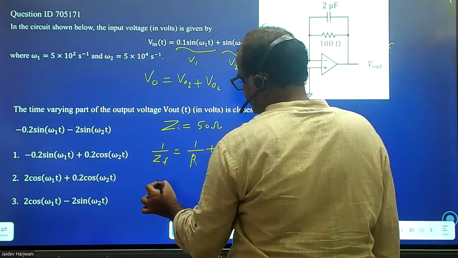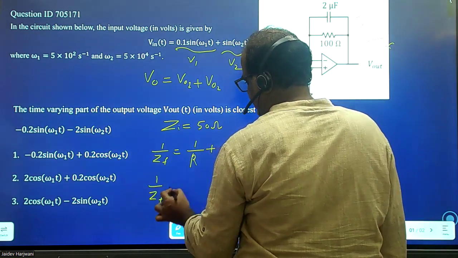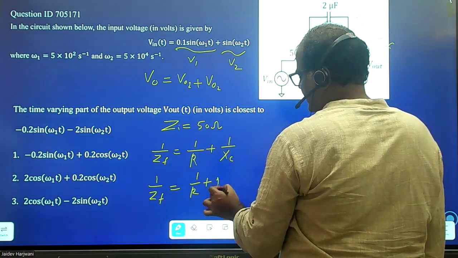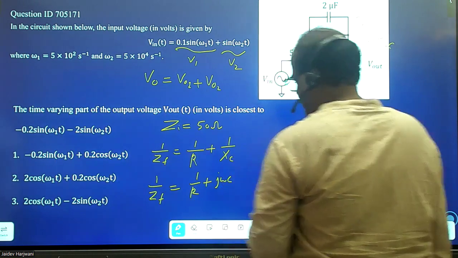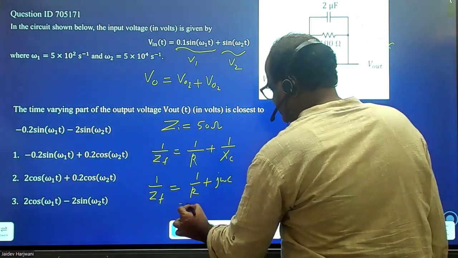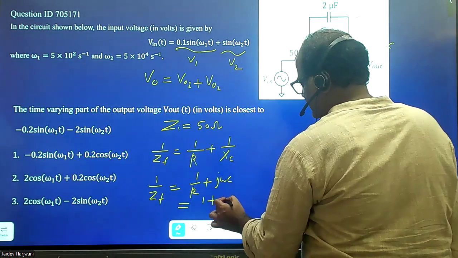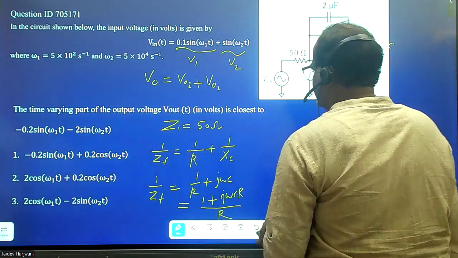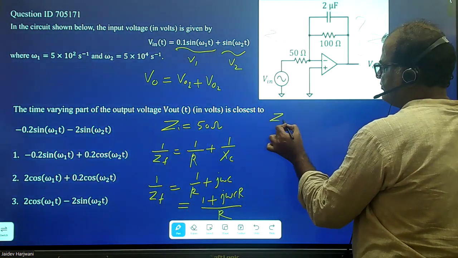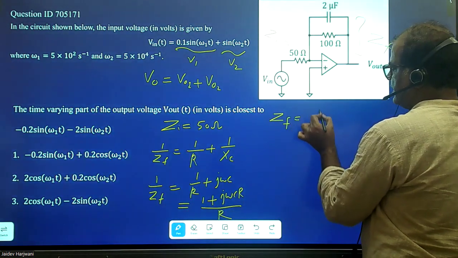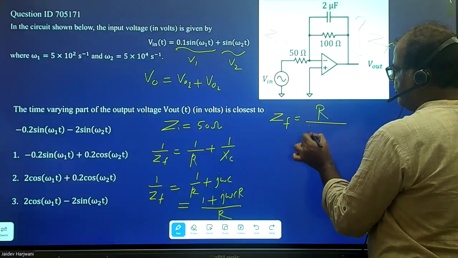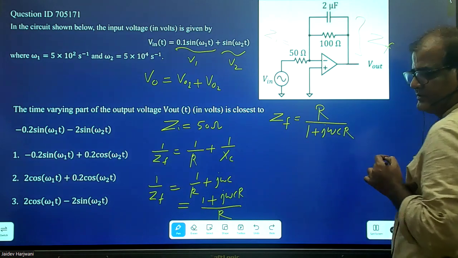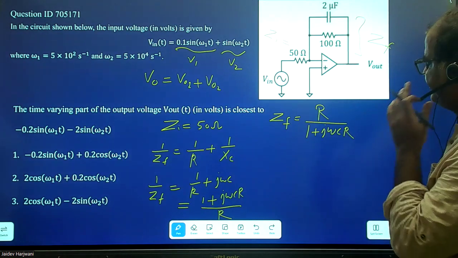Now let us solve this one. 1 upon ZF will become 1 upon R plus J omega C, since XC is 1 upon J omega C. This comes out as 1 plus J omega CR by R. So my ZF becomes R by 1 plus J omega CR.